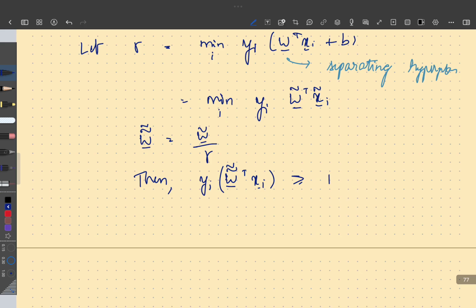Because it's after all equal to yi times W transpose xi divided by min over all i of yi W transpose xi. So that's greater than or equal to 1.